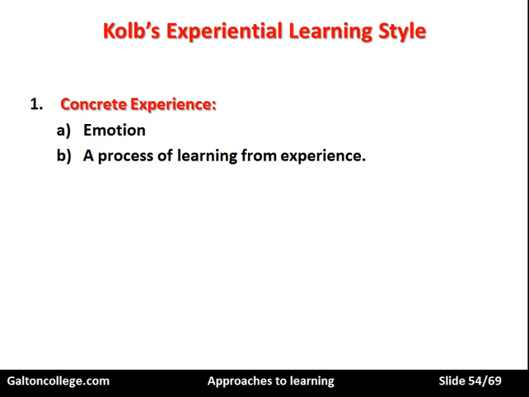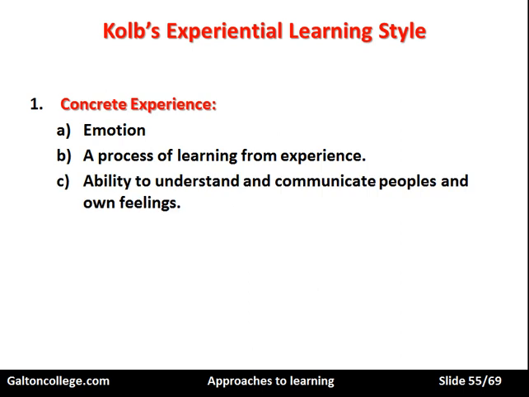And we learn from the experience. When something happens, we join together the cause and the effect. And that gives us a view of the experience. We also have the ability to understand and communicate people's and our own feelings. Because we need, when we have an experience, to perhaps discuss this with others, if possible, and get their experiences as well.